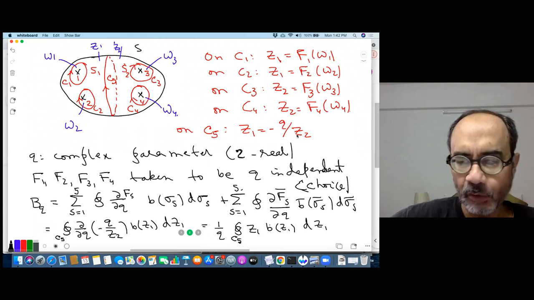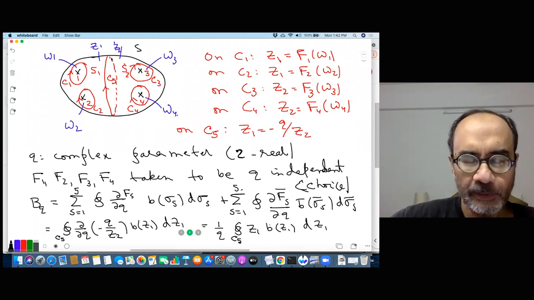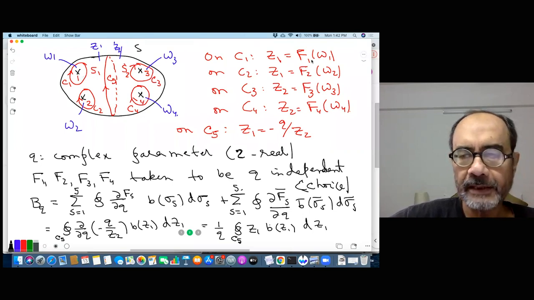We could have taken z2 or any SL2C transformation of z1 or z2. But I have chosen z1 to be the coordinate system on the entire sphere. So the local relationship between the local coordinate w1 and z1 is z1 equal to f1 of w1. Similarly for w2 and z2, z2 is f2 of w2.